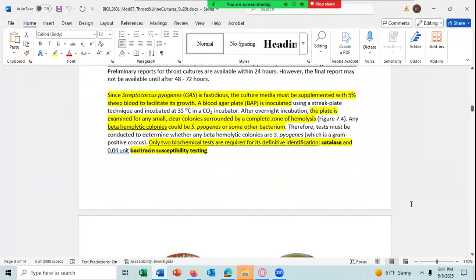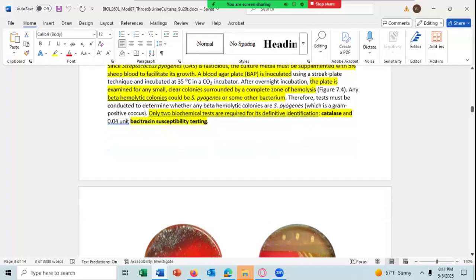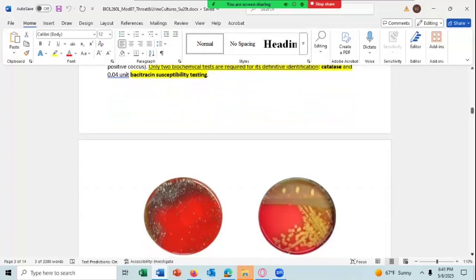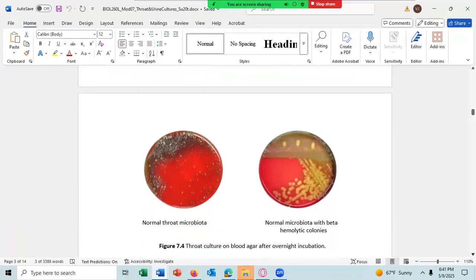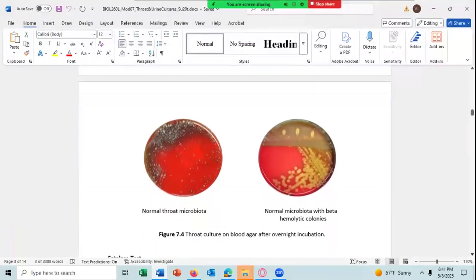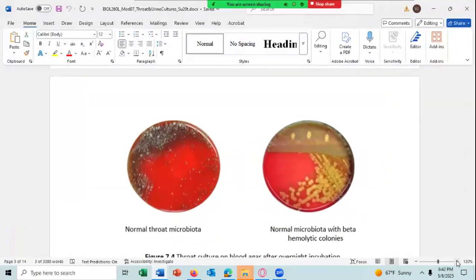You then examine the blood agar plate for small white colonies that have complete zones of hemolysis. Let me blow this up.